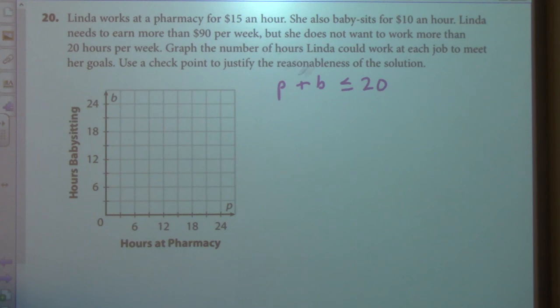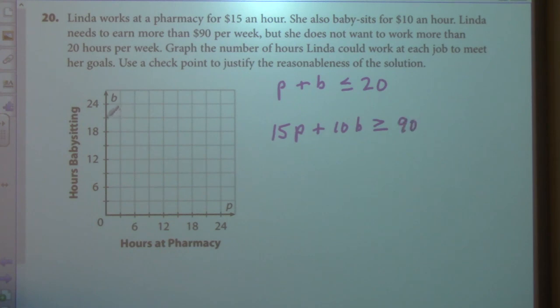How do you write that? 15P plus 10B has to be greater than or equal to 90, right?